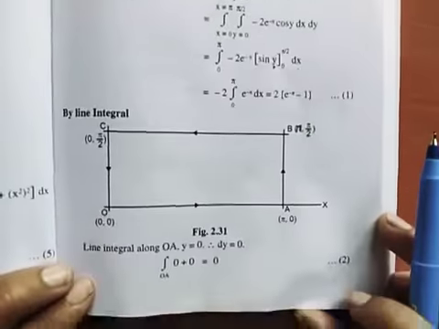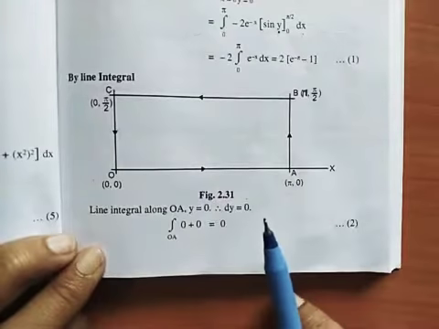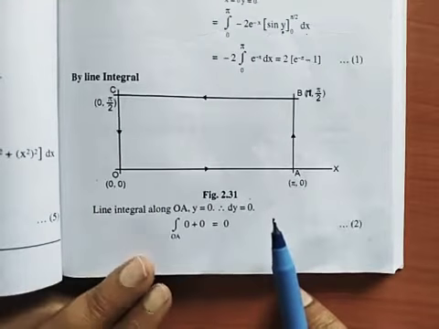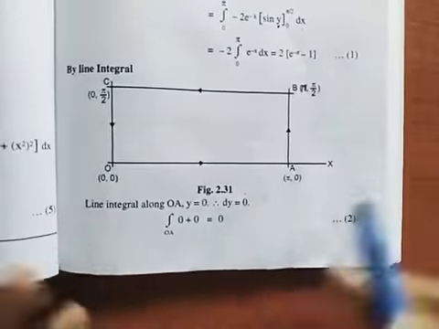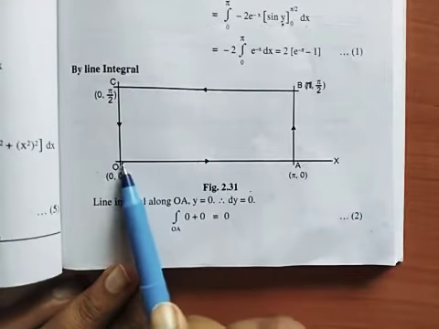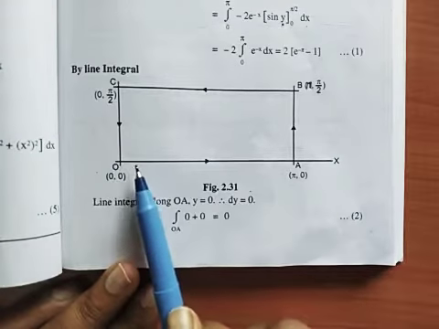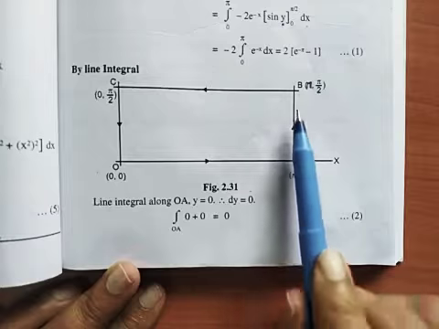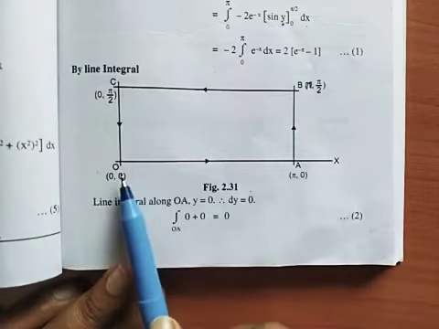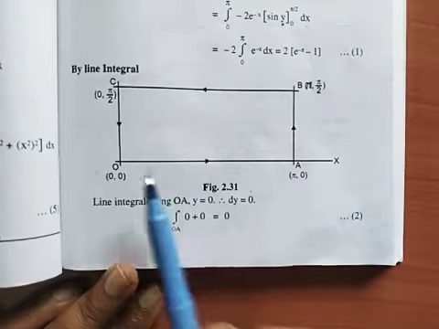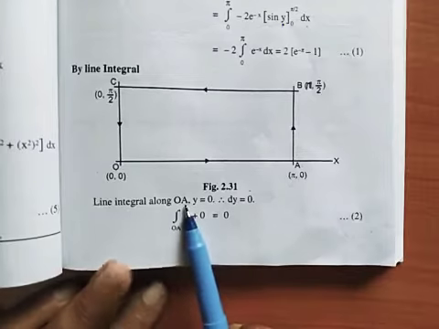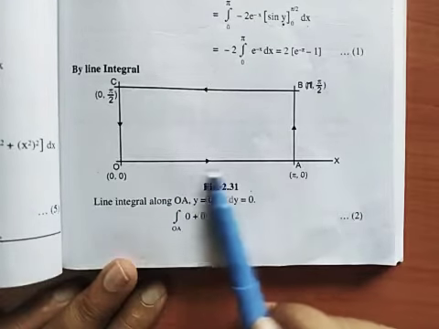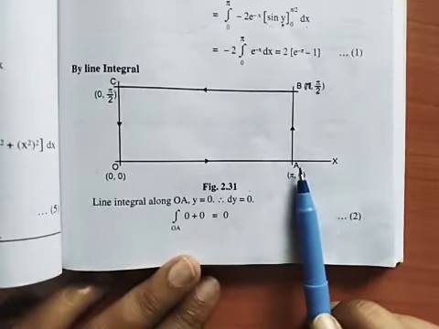Now let us solve this by using line integral. So for line integral, we will now first consider this direction. We will find the integral along OA, then along AB, then BC, then CO. First line integral along OA. Now this is the x-axis, so definitely y is equal to 0.